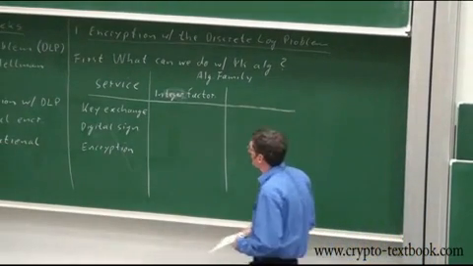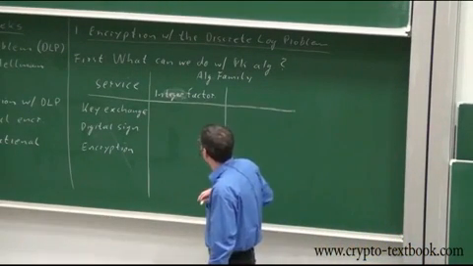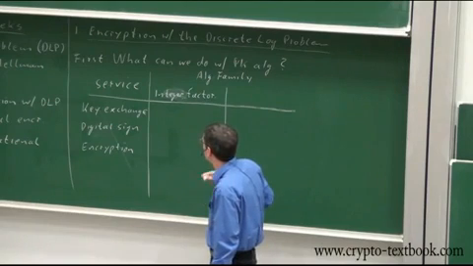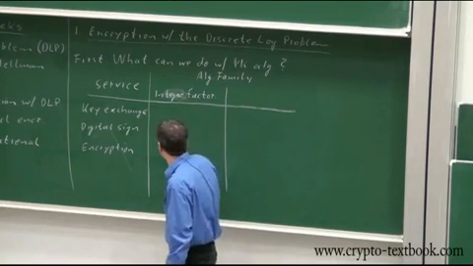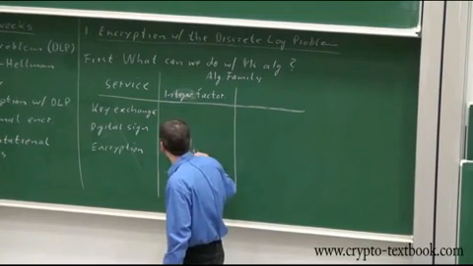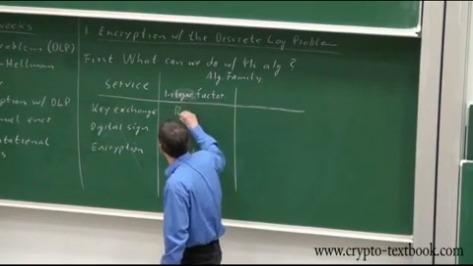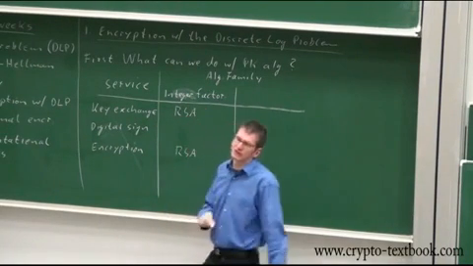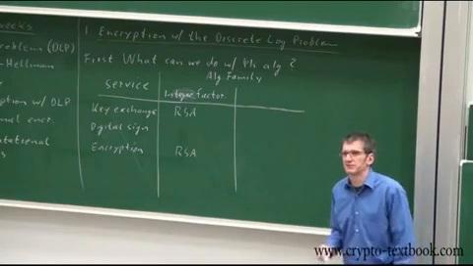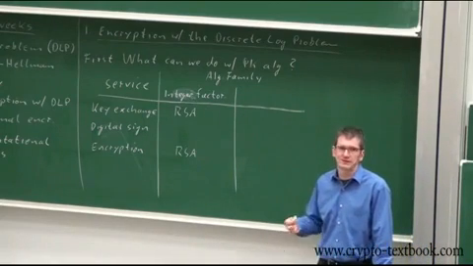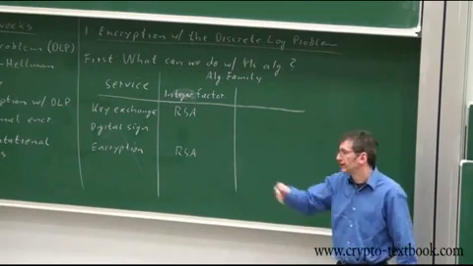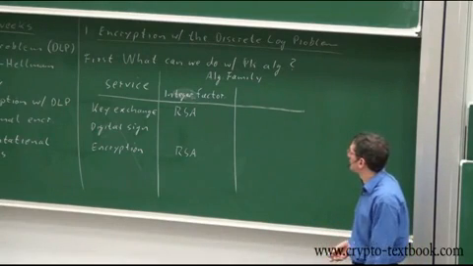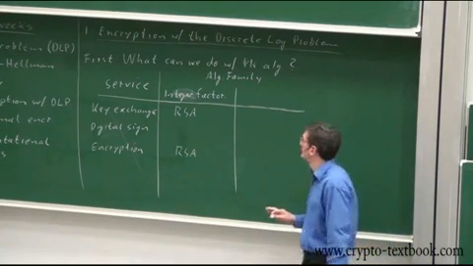The one is RSA, and what we used RSA for so far was mainly encryption. But you can also use it for key transport. You just encrypt a session key with RSA. This is what we did so far.